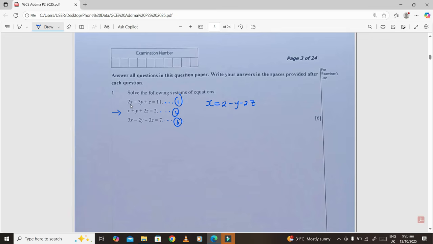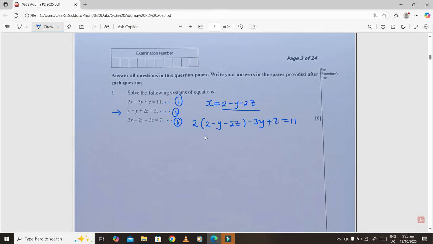And now you go to equation 1. Where there is x, you substitute this part, okay? So it will be 2 open bracket 2 minus y minus 2z close bracket, minus 3y plus z is equal to 11.